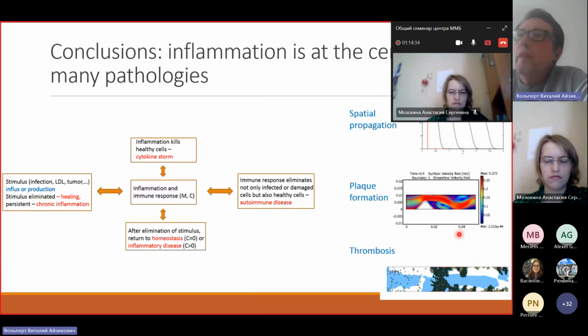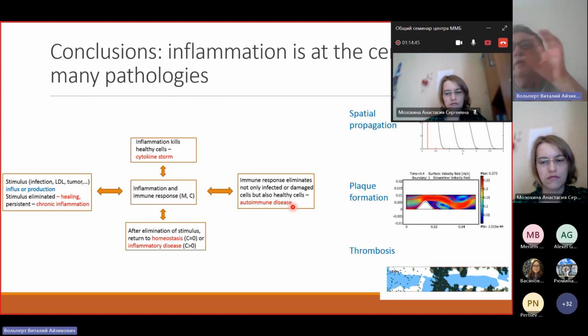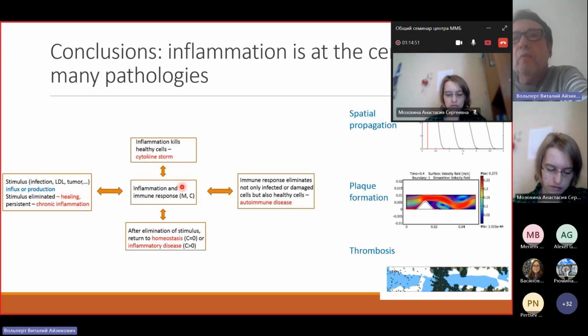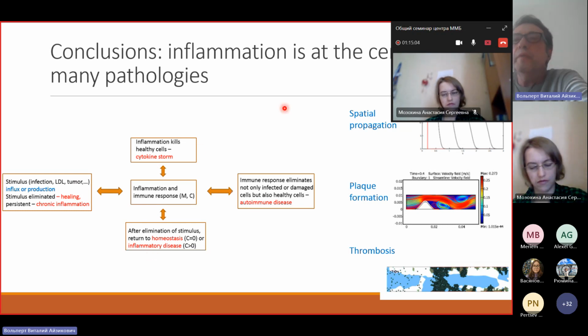So to conclude, we have the scheme shown here, how inflammation and immune response are related with many other different physiological situations. I think this is really the center of the main point of what I tried to discuss today: how this is related to the initial stimuli, healing or chronic inflammation, to autoimmune diseases, to homeostasis or inflammatory diseases, to excessive inflammation.